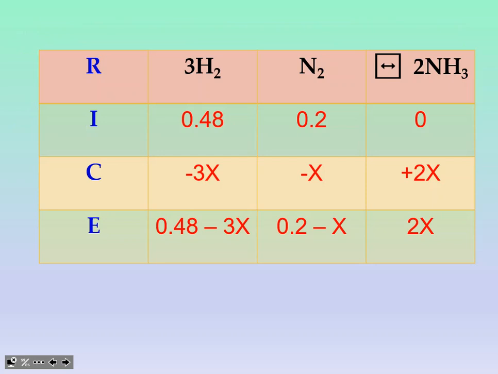But when you're only given initial concentrations and no equilibrium concentrations, and you're given K, what type of solving method are we going to have to use? How do we get our x?